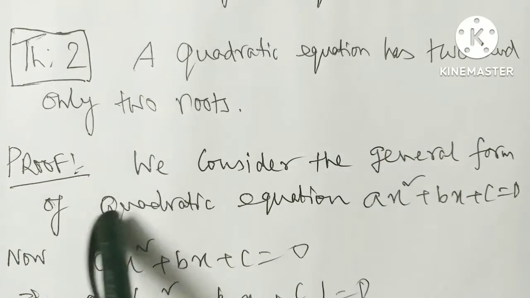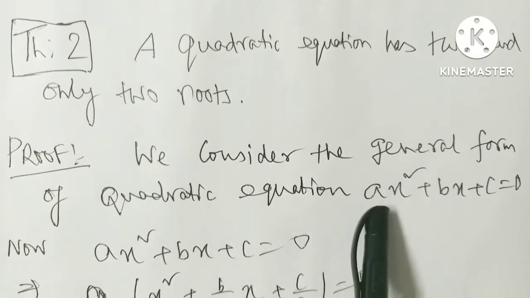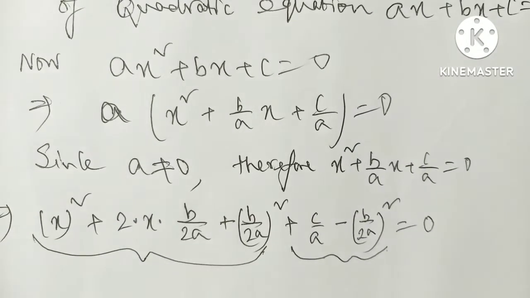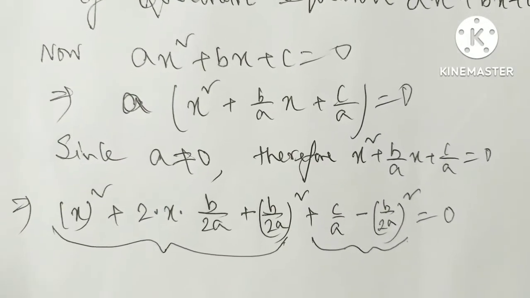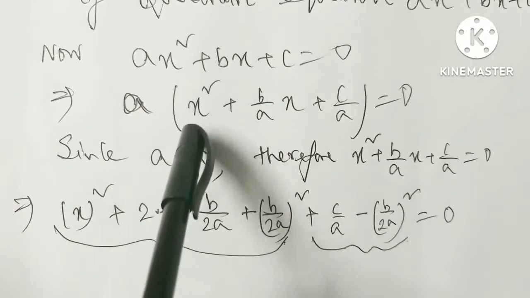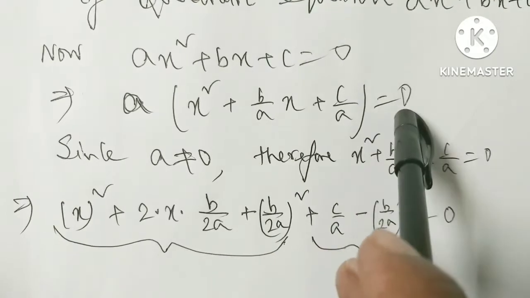This is the proof. We consider the general form of the quadratic equation ax² + bx + c = 0. Taking a common from the whole expression, we get x² + (b/a)x + c/a = 0.